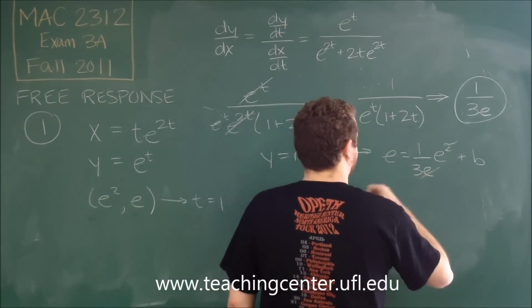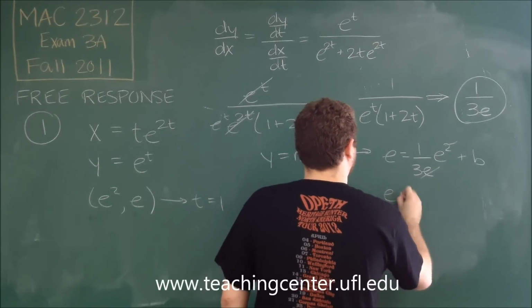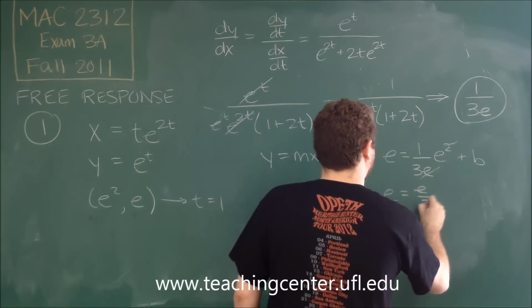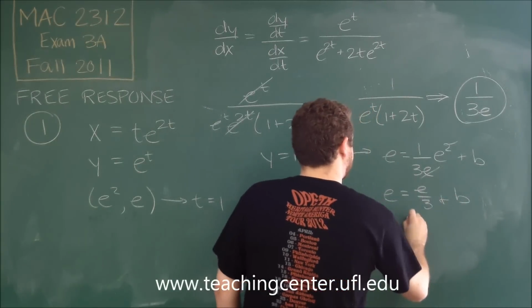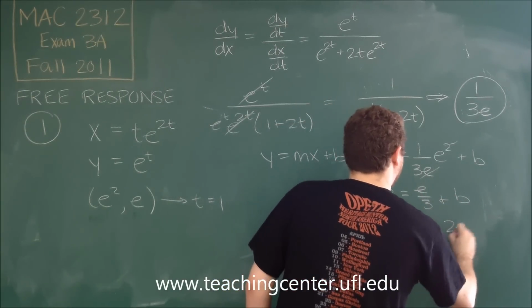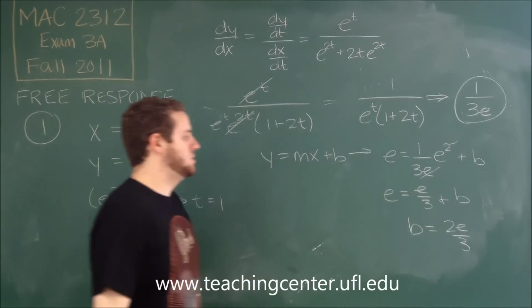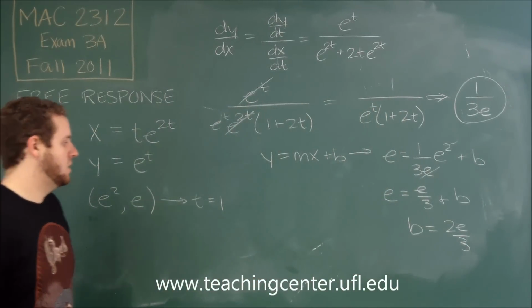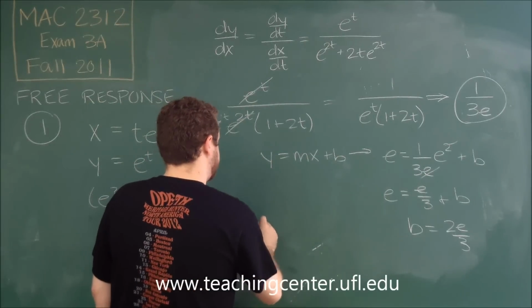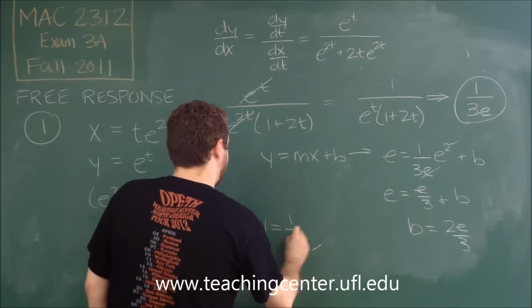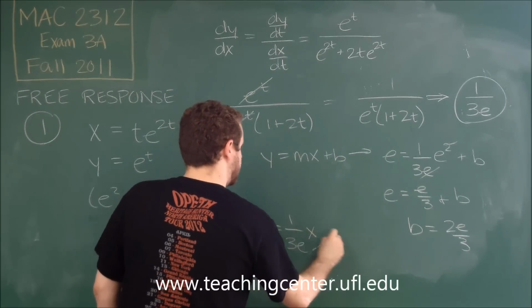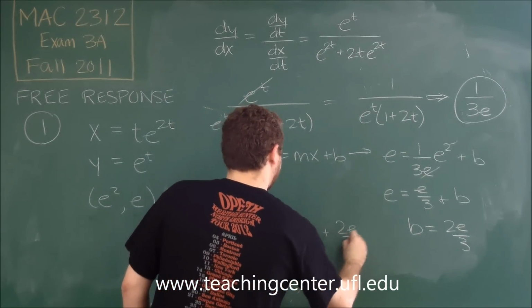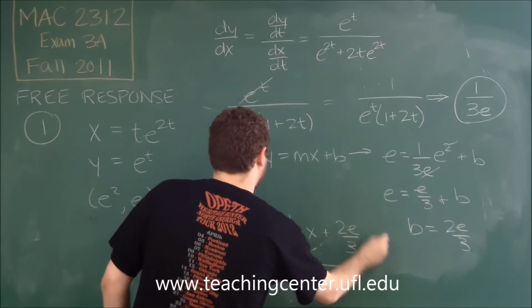This e cancels with this one. We get e equals e over 3 plus b, so that means b has to equal 2e over 3. So our final equation is y equals (1 over 3e) x plus 2e over 3.